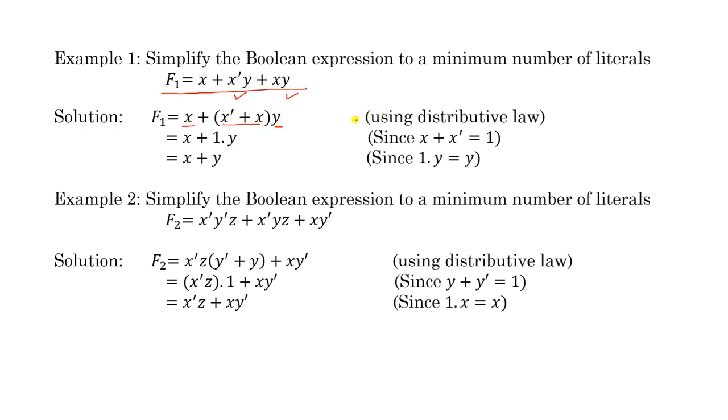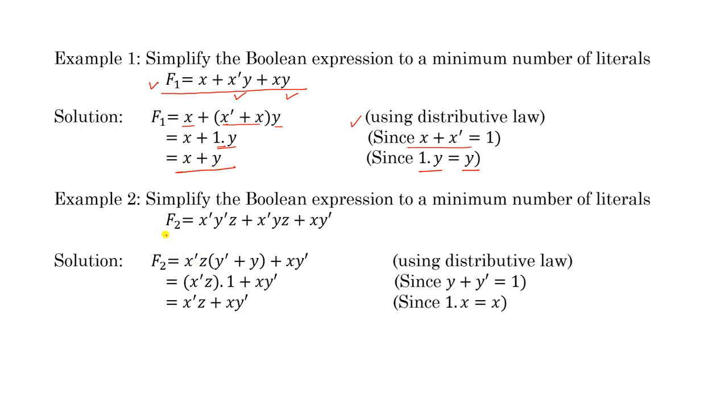Whatever law you are using is mentioned here. Now you know that x dash plus x equal to 1, so you can write it as 1. So this is x plus 1 into y. Now 1 into y equals y. So this is x plus y.